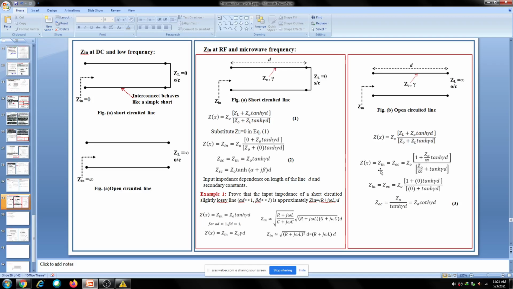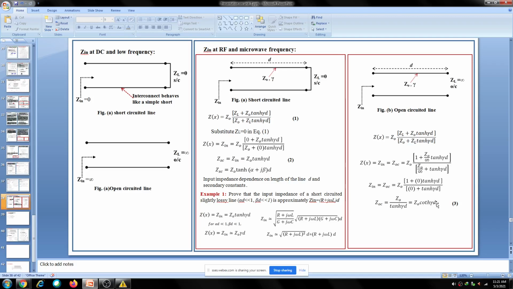Now that ZL cancels, and here is 1, here is Z naught by infinity. Anything divided by infinity is 0, so this term becomes 0. Similarly here, Z naught by infinity is 0. So this is 0, this is 0, and it is Z naught divided by tan hyperbolic gamma d.